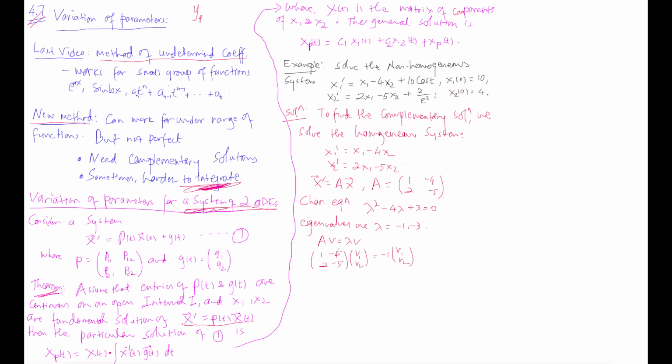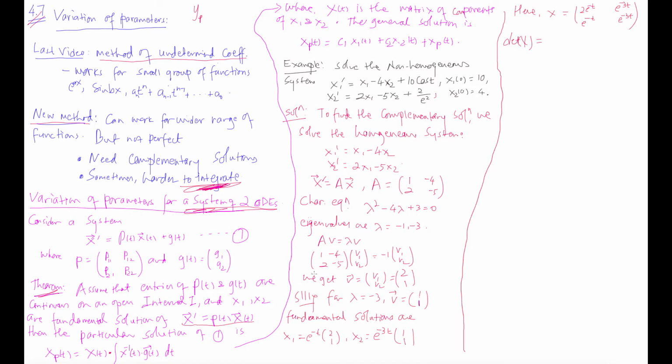So I'm taking lambda equals negative 1 here, and if I multiply these two matrices and then solve, we get the eigenvector V equals V1, V2 equals 2, 1. So 2, 1. Similarly for lambda equals negative 3, you will get the eigenvector 1, 1.